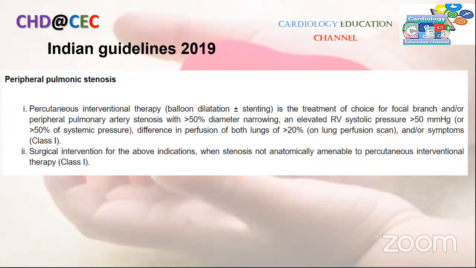And I think this is what we mentioned in one of the cases, that if you have a very high pressure gradient like 110 or 120, success of the procedure is getting to a pressure that is 50% of the original, so you can go out with a 50 or 60 millimeter mercury pressure gradient across the pulmonary valve, and those patients undergo another session of balloon dilatation.